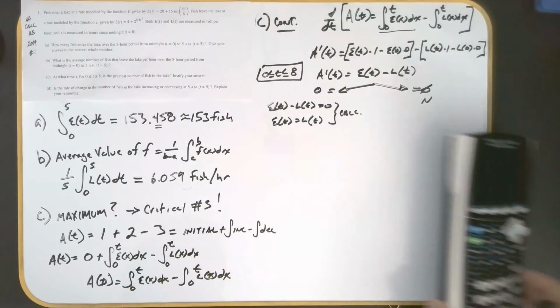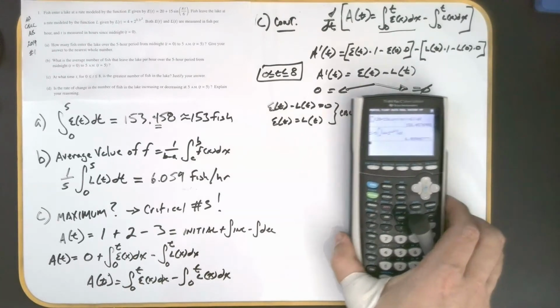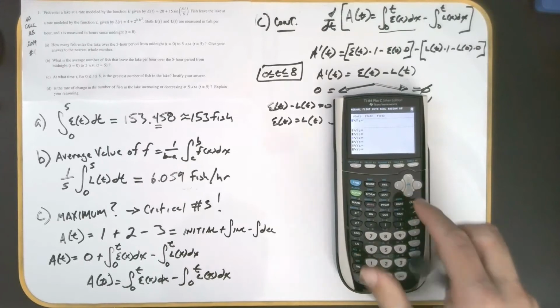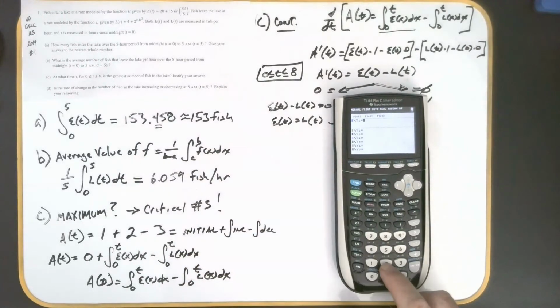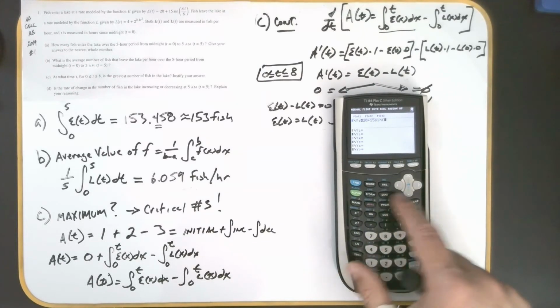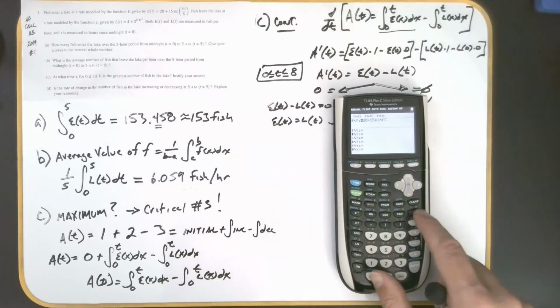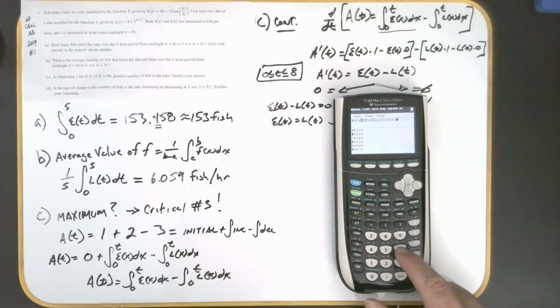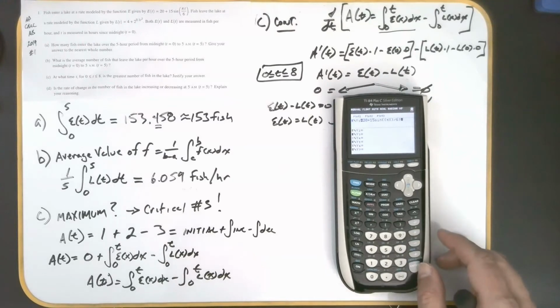Okay, so let's see what we get here. We're going to go to y equals, clear that out. The first function is 20 plus 15 sine, and my numerator there is second function pi, x, close that, divided by 6, close the angle.